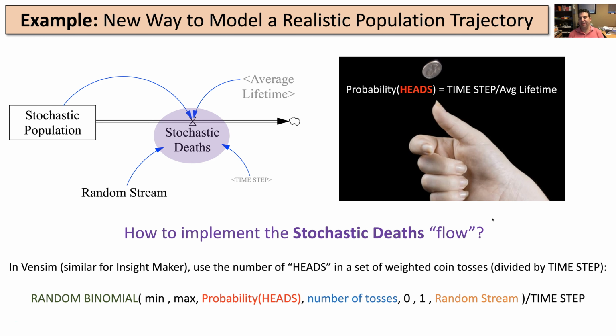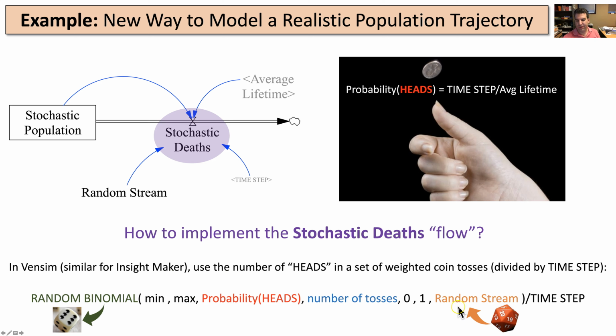If you don't remember any of that, that's fine. Basically, random binomial is a way in which Vensim will give us a random outcome, which represents how many tosses of a coin come up heads, given that you tossed them a certain number of times.